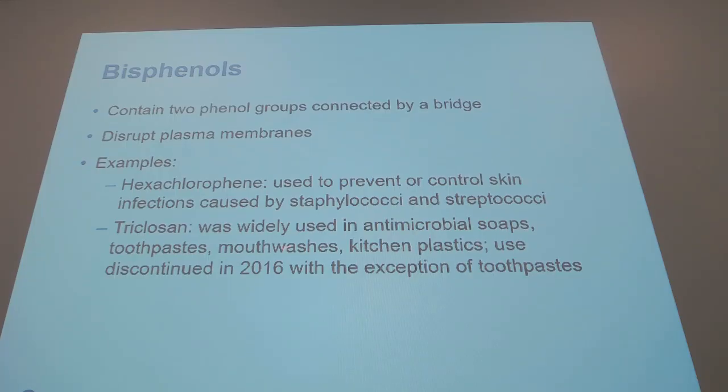Examples will be hexachlorophene, which is used in some disinfectants for contaminated wounds, so it can control the growth of staph and streptococcus. Triclosan is another bisphenol, and it is very, very effective as an antimicrobial.